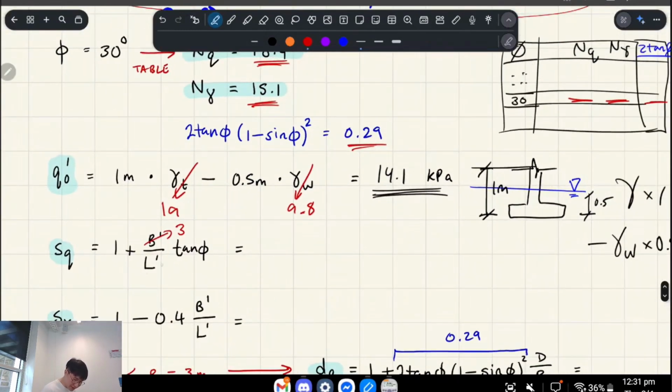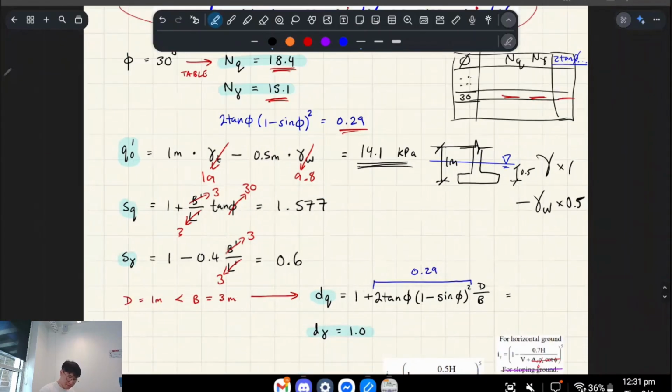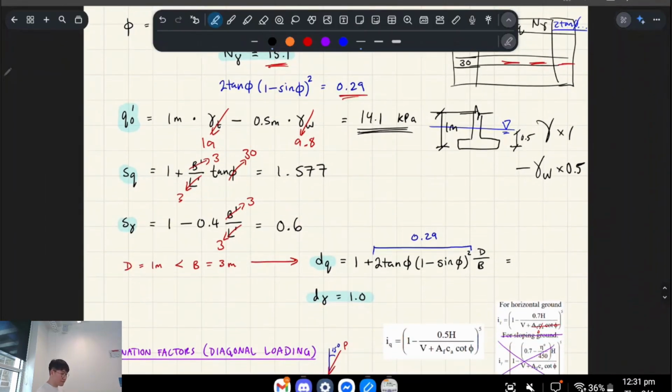So basically we have a 3x3 square footing, and our friction angle is 30. So we get an SQ value of 1.577. And we do a similar thing to get S gamma. Okay? Cool.